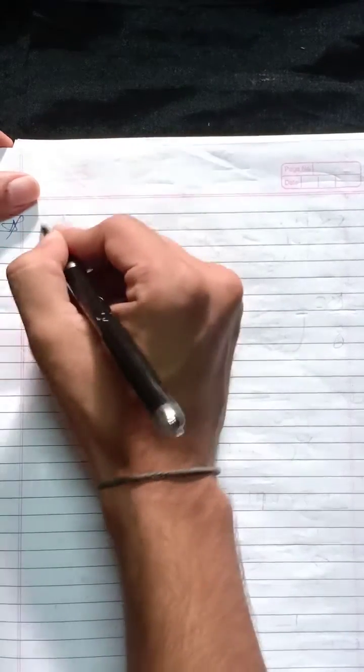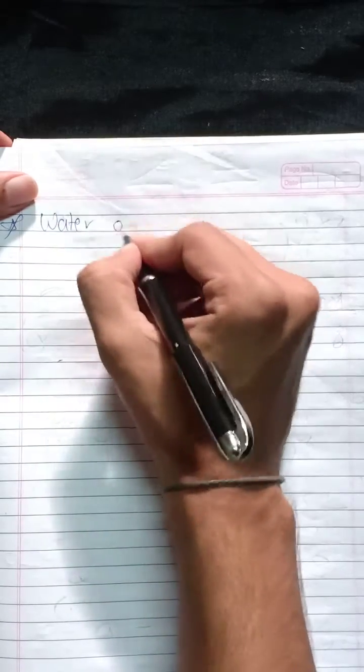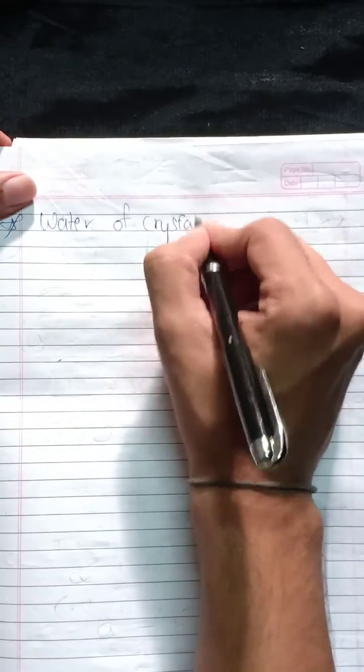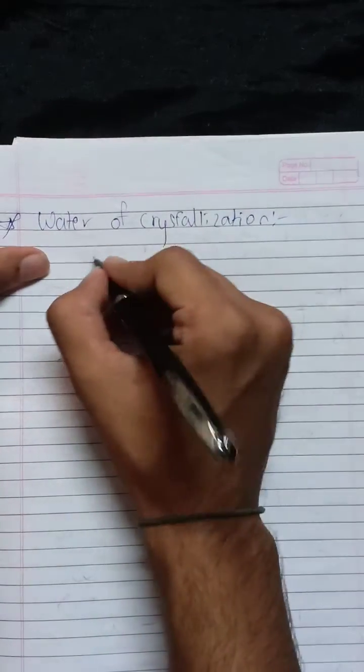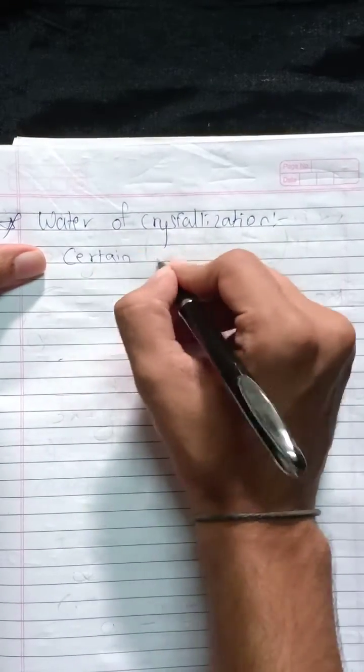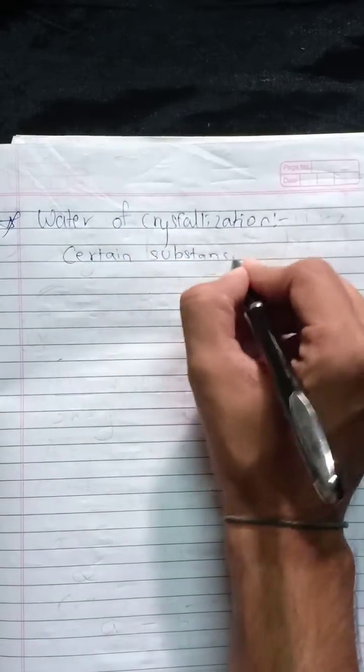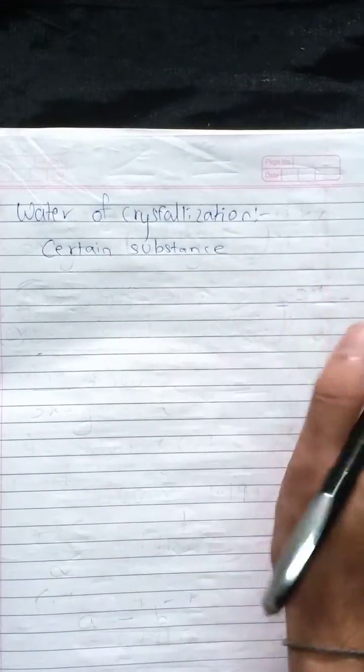So we have heard about the term water of crystallization. There are certain substances in which the water molecules are loosely combined with them. I am writing up the definition in my own words, but you don't have to refer to this part, go for the textbook only.